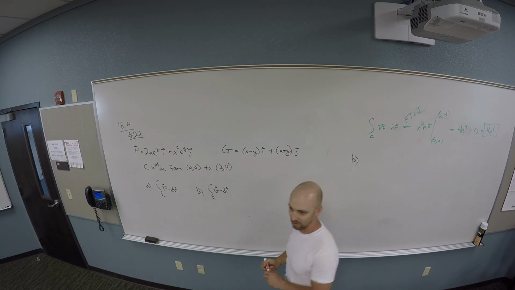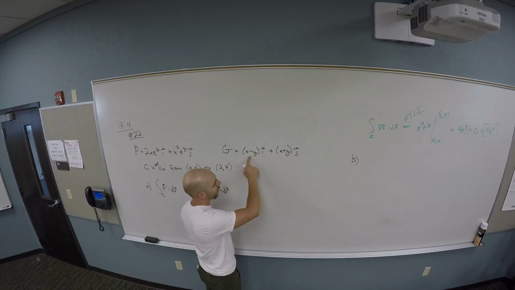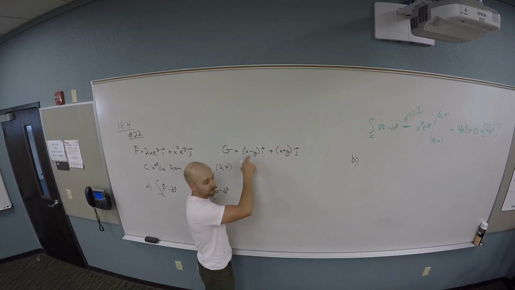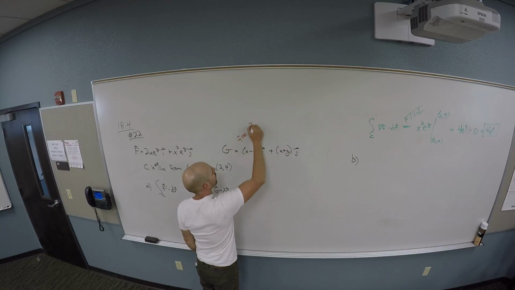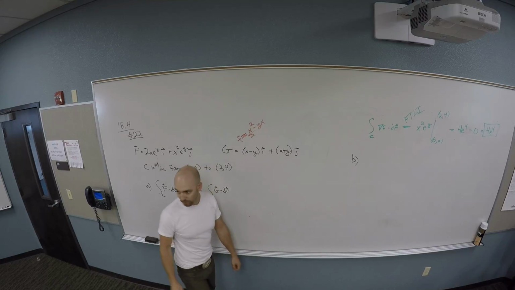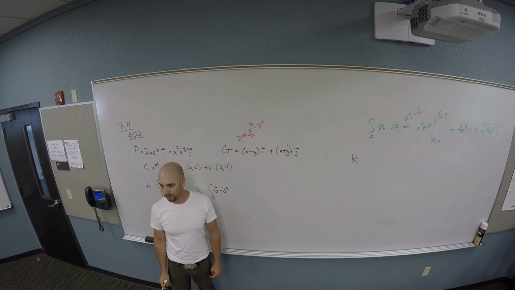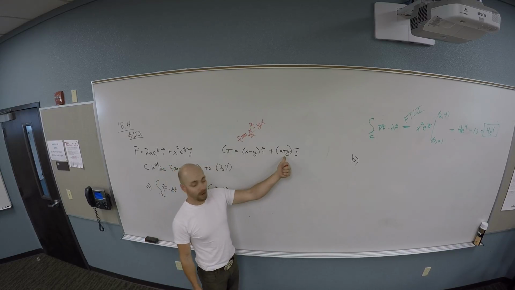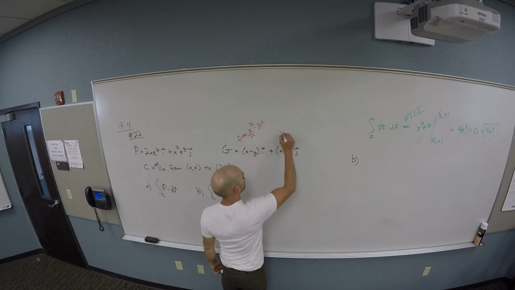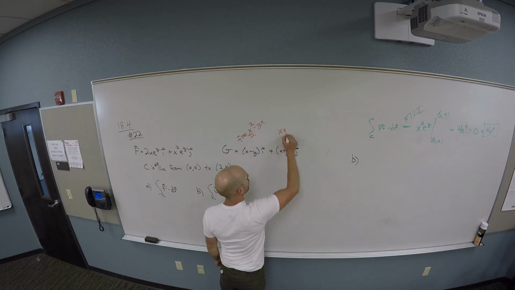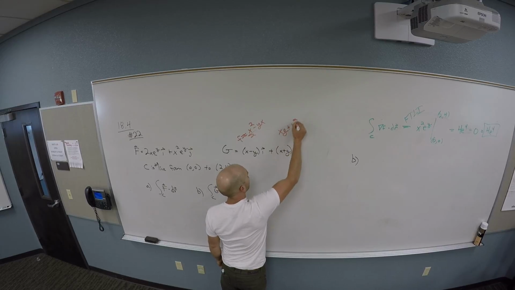So if this was the x derivative, what would your f be? x²/2 minus yx. And if this was the y derivative, what would you get? x plus y, so xy plus y²/2.